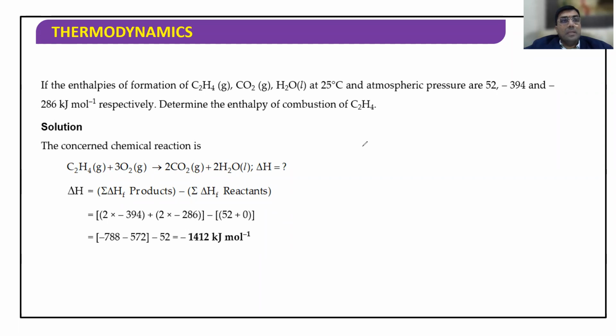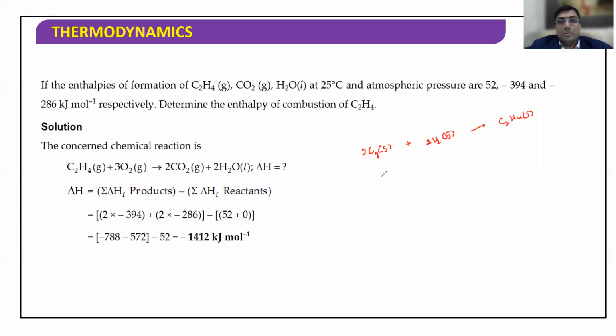First of all, enthalpy of formation of C2H4: 2C, this is graphite solid, plus 2H2 gas gives rise to C2H4 gas. This is the enthalpy of formation of ethene.